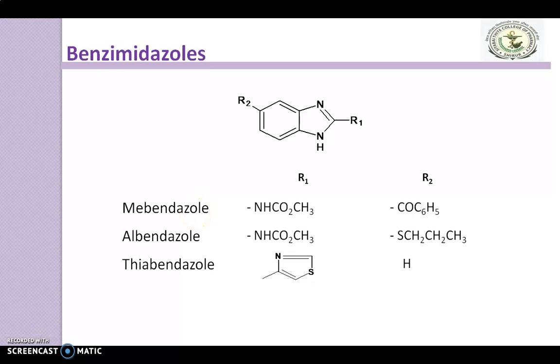Whereas if there is a carbamate at the second position and a propylthio group at the fifth position, then the compound formed is albendazole. And if there is a 1,3-thiazole ring at the second position, then thiabendazole is formed. So in this slide we discuss the individual compounds in detail.